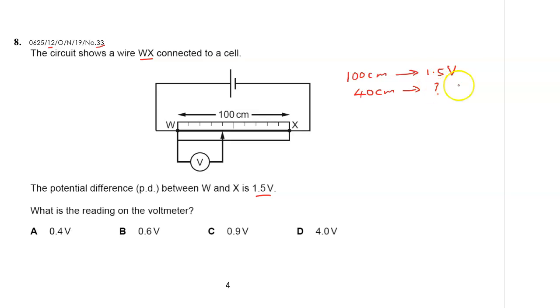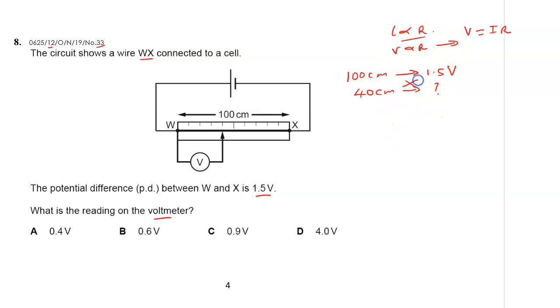And remember, the length of the wire is directly proportional to resistance. The greater the length, the higher the resistance. And therefore, what we are supposed to find is the voltmeter reading. We know that voltage is directly proportional to resistance, from the equation voltage is equal to current times resistance. If current is constant, then voltage is directly proportional to resistance.